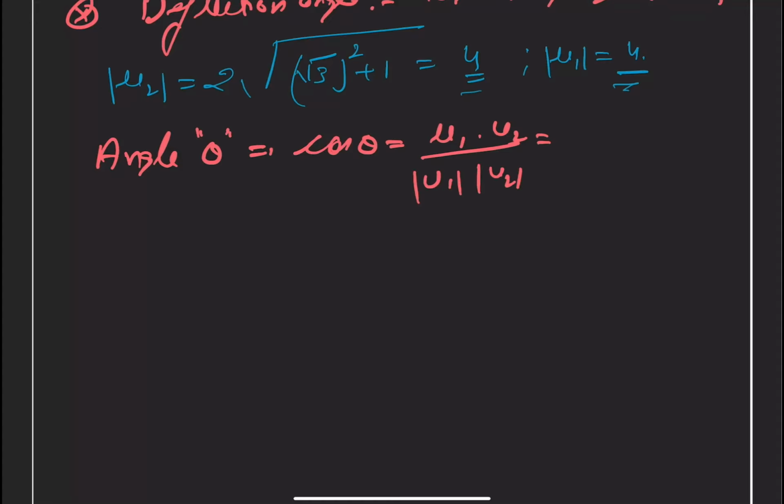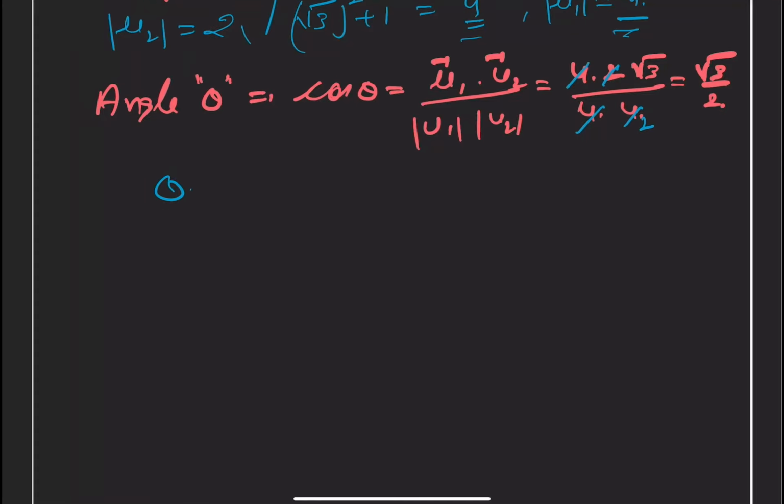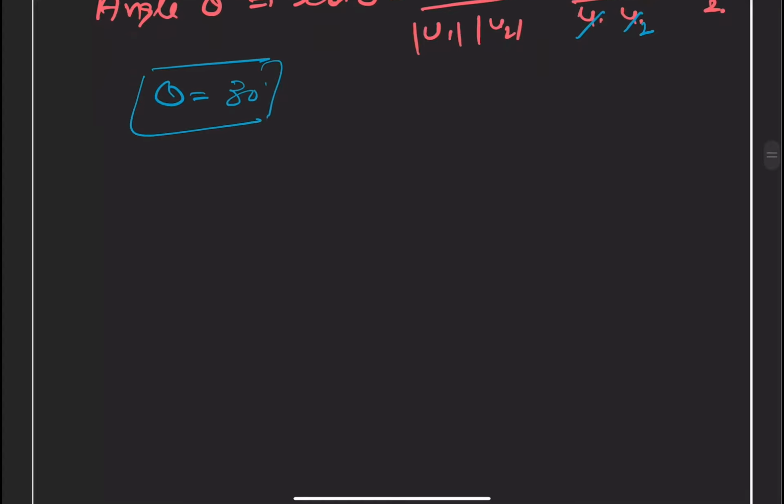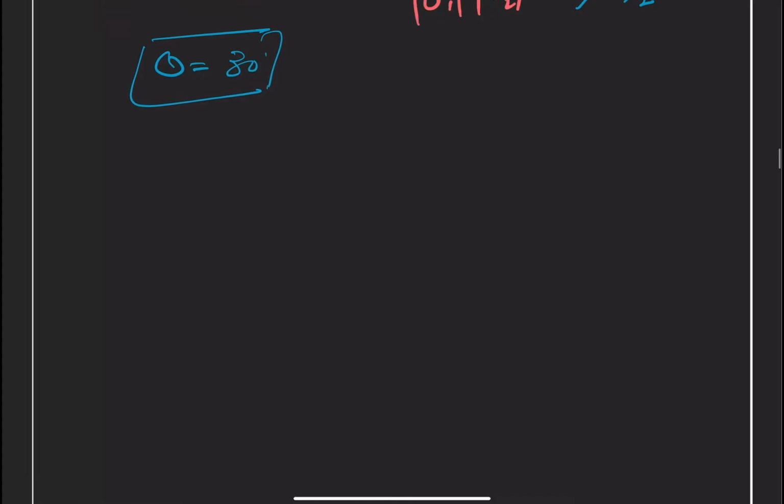So here we are left with only 4 times 2 root 3 in the vector notation, and the magnitude is 4 times 4. 4 cancels with 4, and this goes by 2, so we are left with root 3 by 2. So theta will be 30 degrees. So it means the circular motion subtends an angle theta, that is 30 degrees.